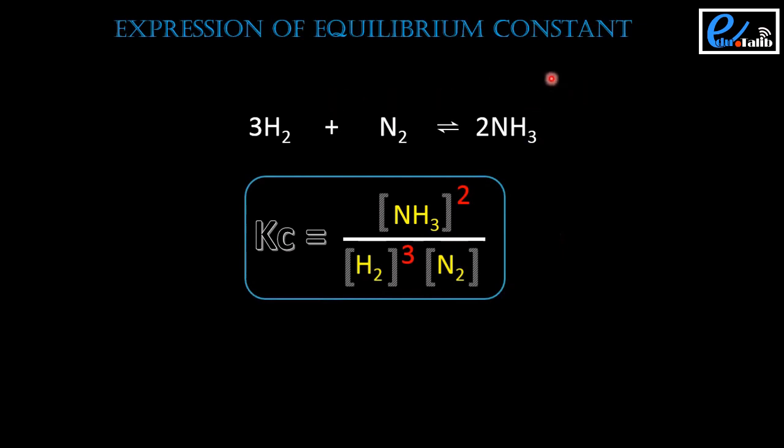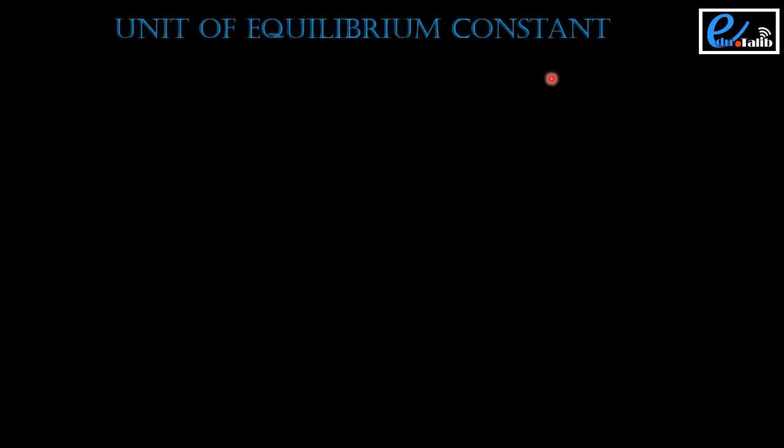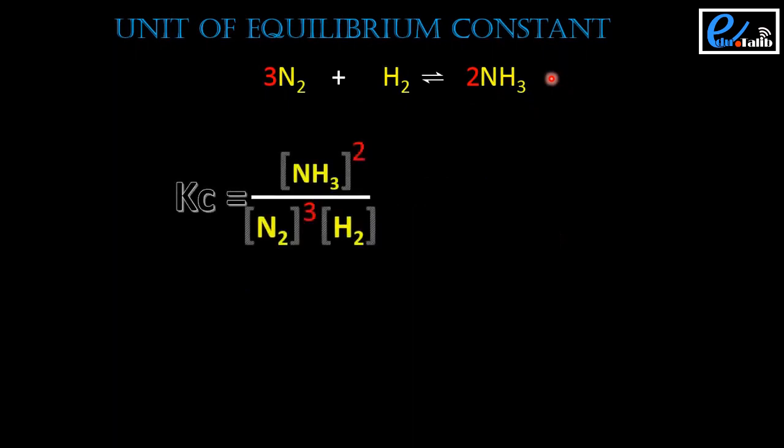Now we move to the unit of the equilibrium constant, considering the same equation. As we know, the Kc expression is written over here. And now you have to work out the unit of the Kc. This is the concentration of NH3, and we know the unit of concentration is M. So it should be M square.